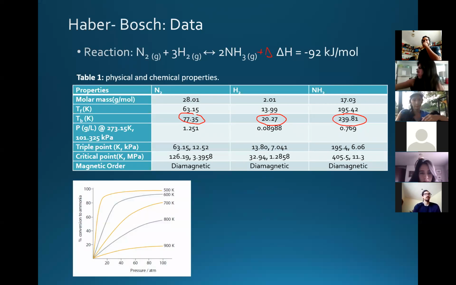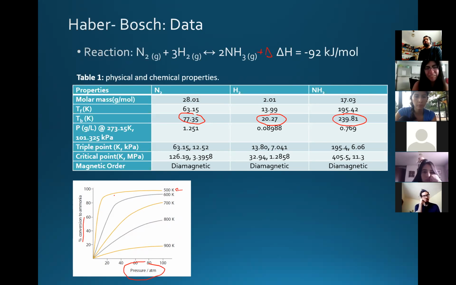Okay, so there is another plot where we can see if the assumptions that we're making are correct or not. Here we have the pressure in the bottom. We have the percentage of conversion. So you see that at 500 degrees, that is the lowest temperature in this plot, you have a high conversion of ammonia, around 95, 97%, right?